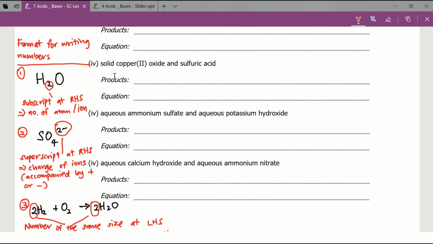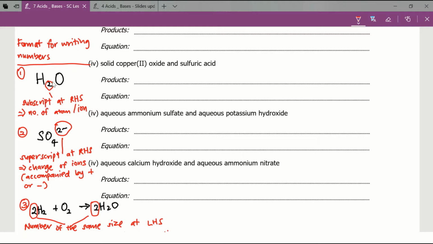So what are the formats for writing the numbers in the chemical formula, as well as for balancing chemical equations? Number one, if you have a subscript, if you're writing a formula like H2O, the number 2 is written at the bottom right hand corner. So we call this a subscript.